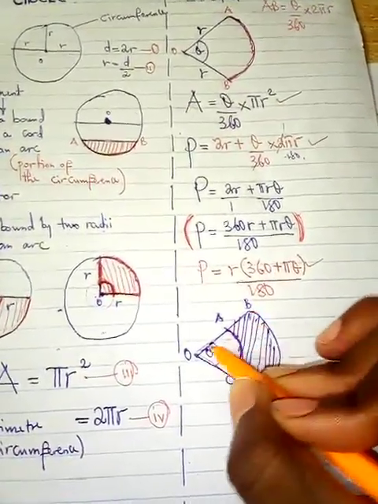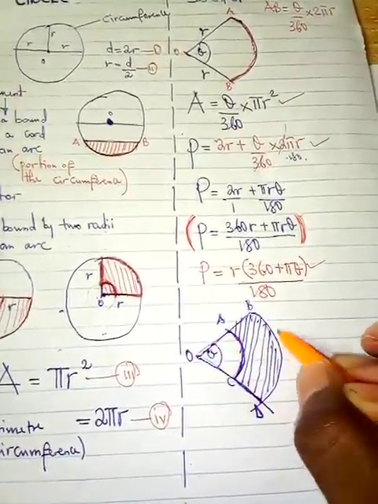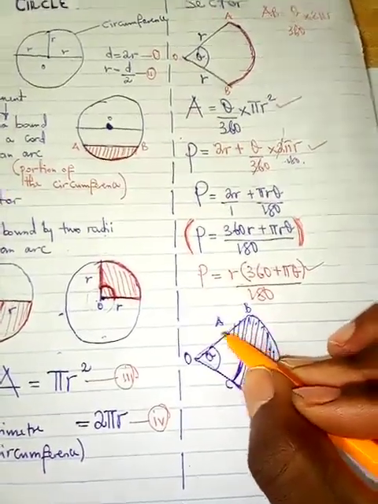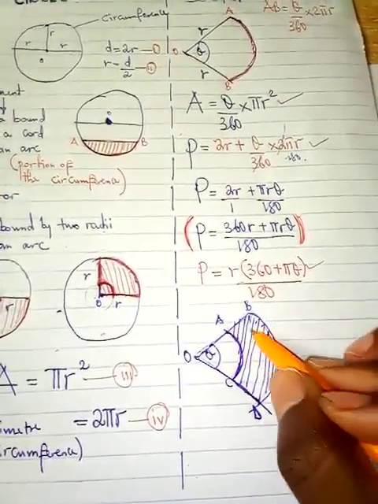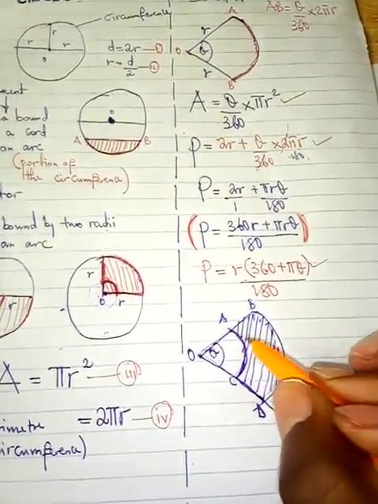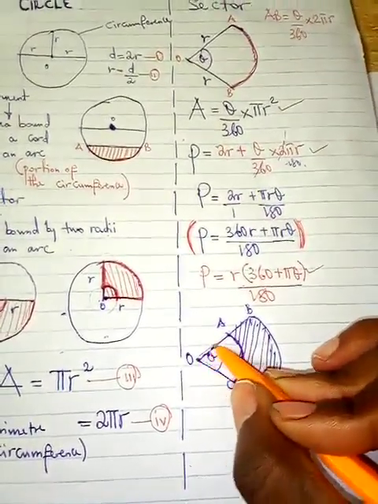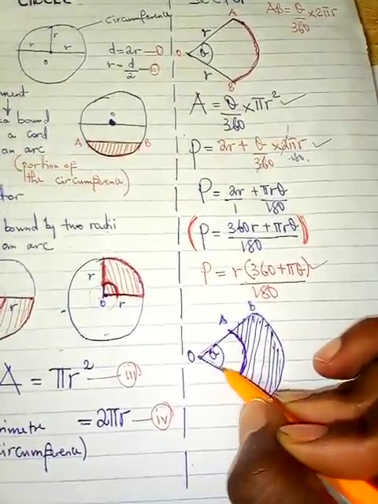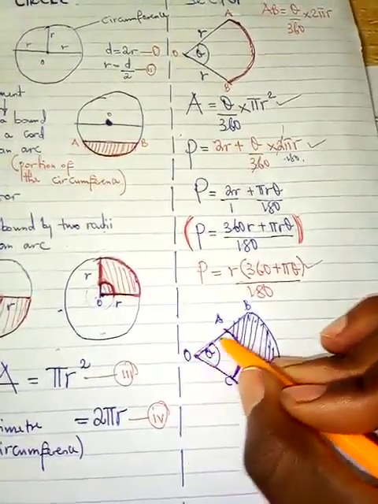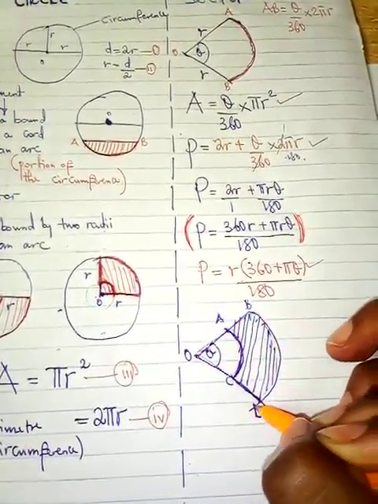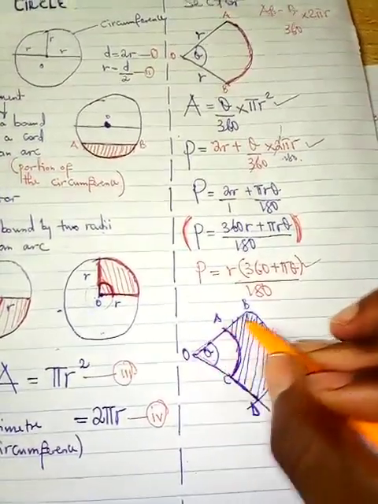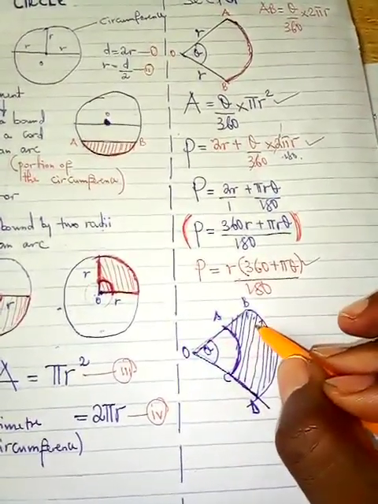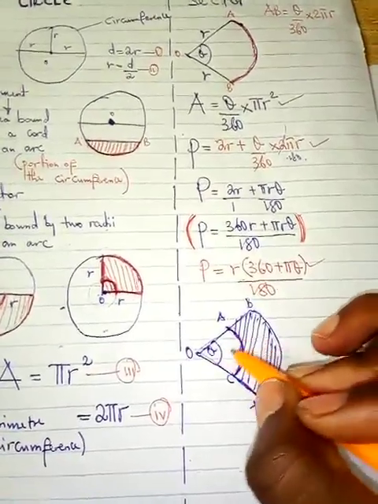So if you're trying to determine the area or even the perimeter of this shaded region, what we normally do is that we find the perimeter of this small one, and then we find the perimeter of this bigger one, and then we just subtract those two values. The same concept can also be applied on the area.